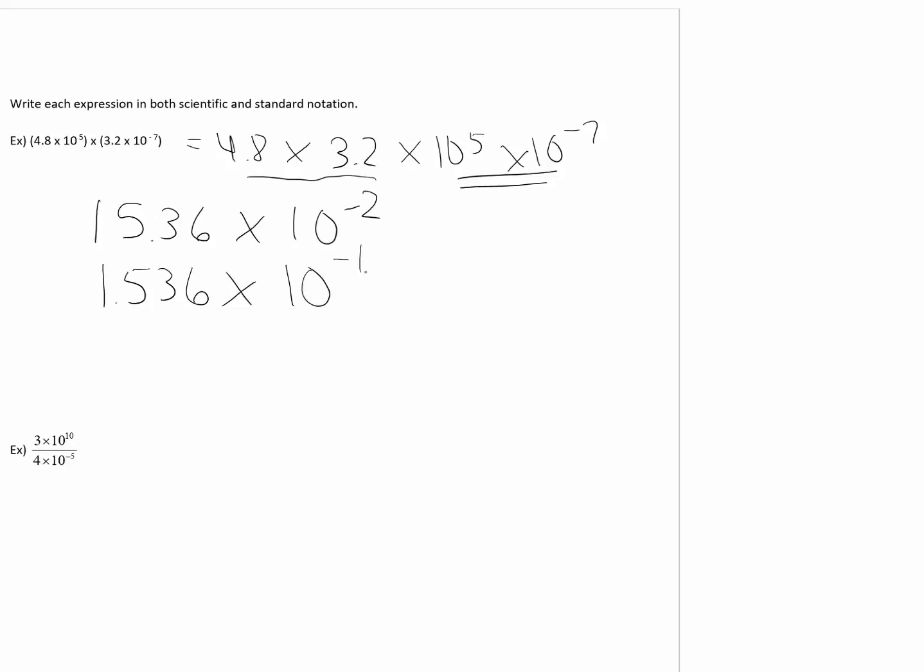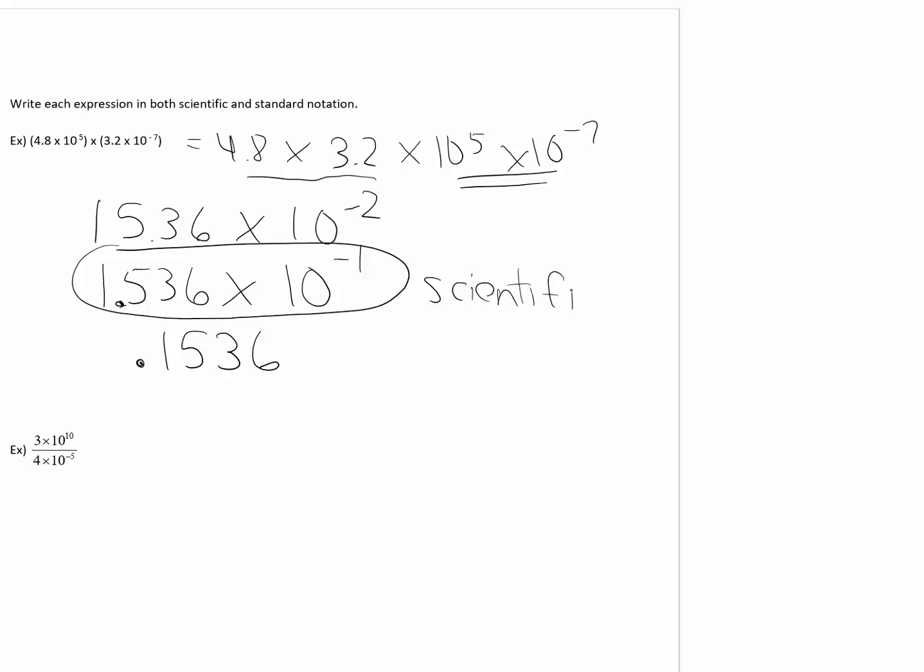Okay? Very, very easy to check. Take a look at the top. Move 2 places to the left. On the bottom, move it 1 place to the right. You get the exact same decimal, which is this. But this is in scientific notation. And this is in standard notation.